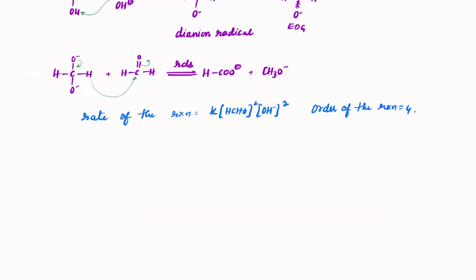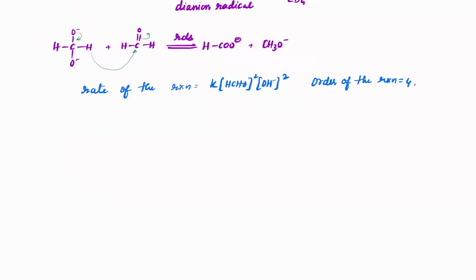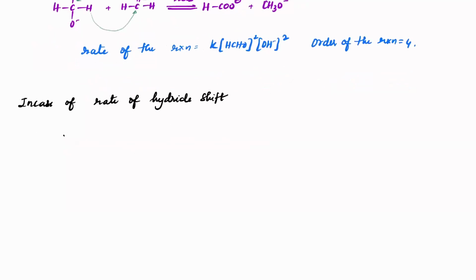Okay, so the important conclusion here is that, in the case of rate of hydride shift, if you compare HCO minus and OH and H, this would be lesser than HCO minus, O minus and H, because here hydride shift is much easier.